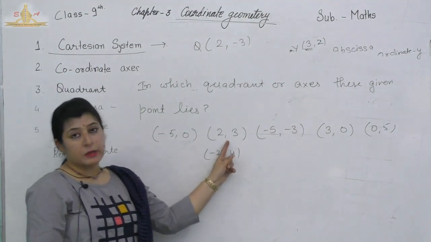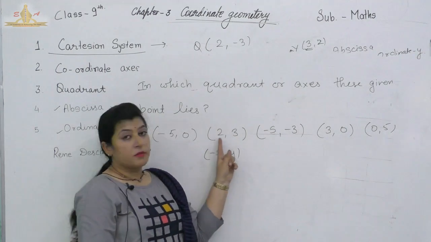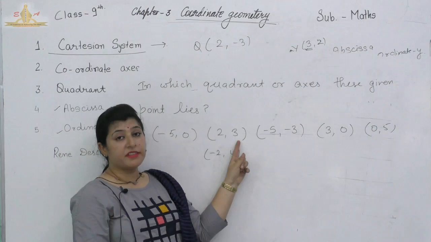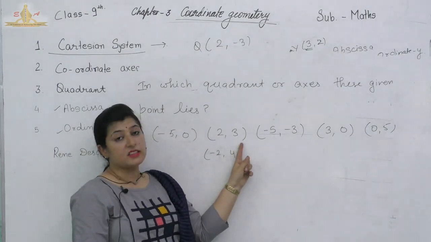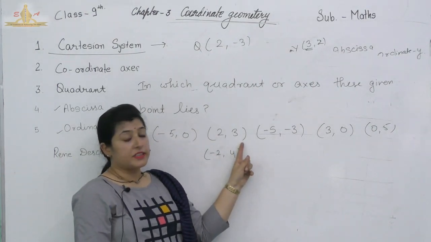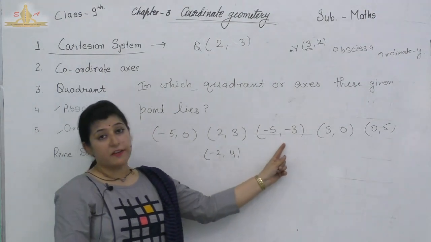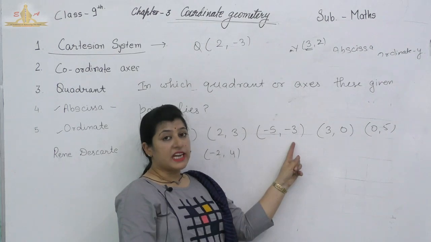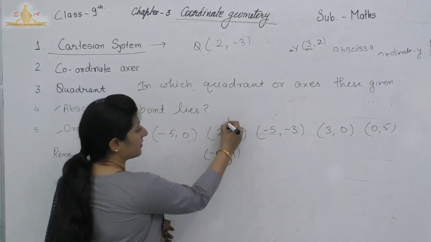For (2, 3), both the x and y values are positive, so it lies in the first quadrant. For (minus 5, minus 3), both are negative, so it lies in the third quadrant.